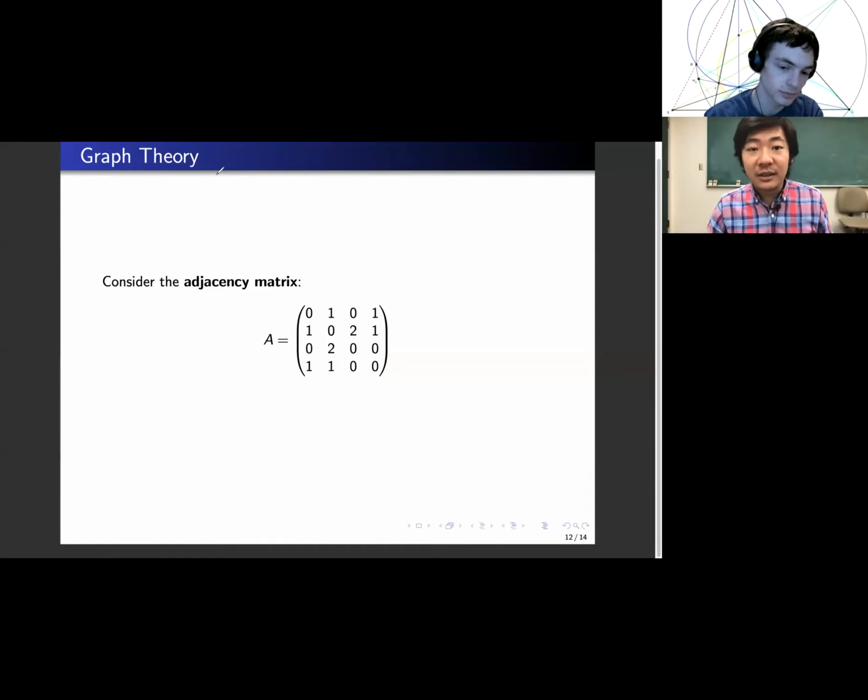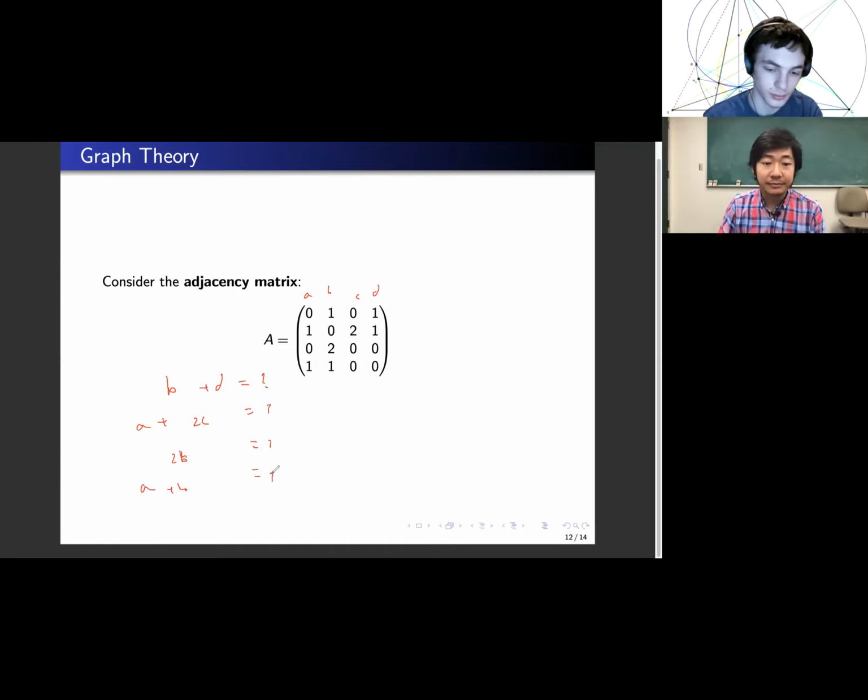But to give you this rough around the edges answer, let's say this is A, B, C, D. All right, then the linear system of equations is B plus D, and then we'll just put a question mark here, and A plus 2C equals something, and 2B equals something, and A plus B equals something.